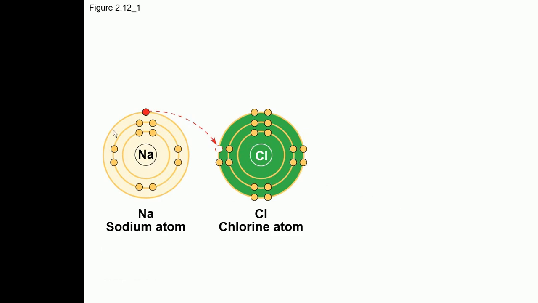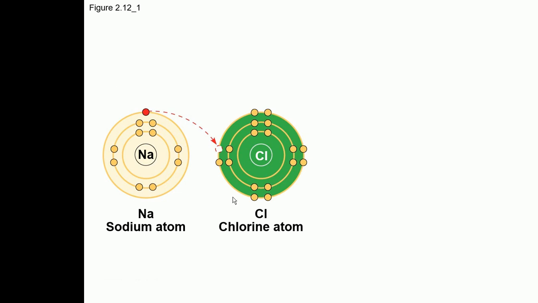You can see here an example of sodium chloride. Sodium has 11 electrons. How are they distributed? 2 electrons go in the first energy shell, 8 electrons go in the second energy shell, and the third energy shell has the 11th electron.